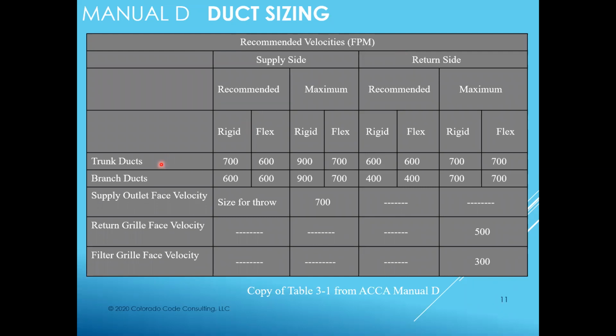So we've got trunk and branch ducts and our face velocity for the actual registers and return grills. And then, are we using rigid duct? Are we using flex duct?